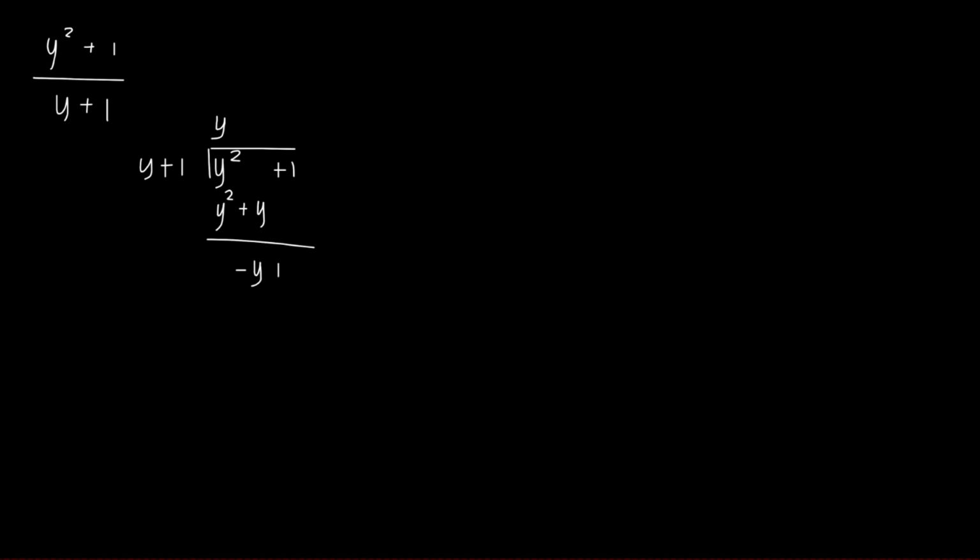Bring down 1, we have plus 1, and then we multiply negative 1 to get negative y, negative 1 times y is negative y, and negative 1 times 1 is negative 1. If we subtract, this is 0, while this one is 2. So therefore, this is equal to y minus 1 plus the remainder 2 over y plus 1.